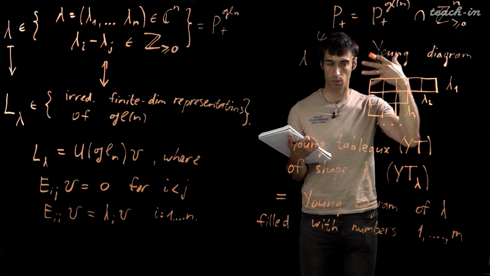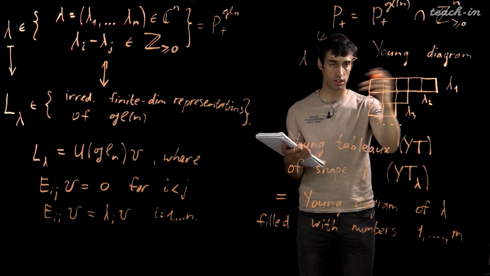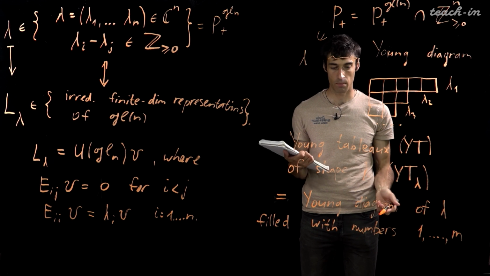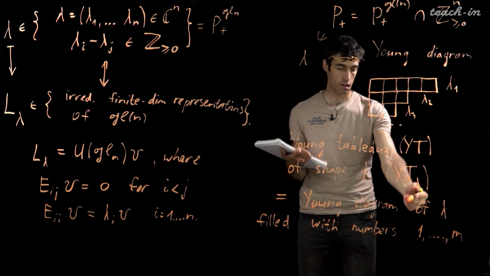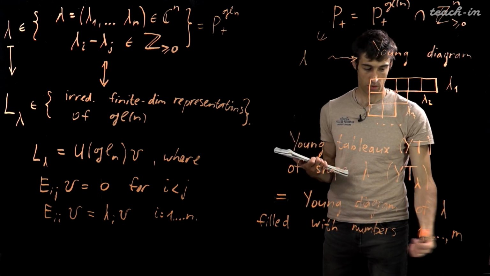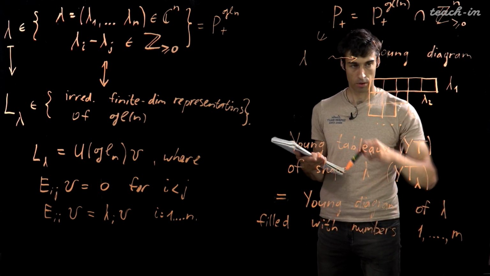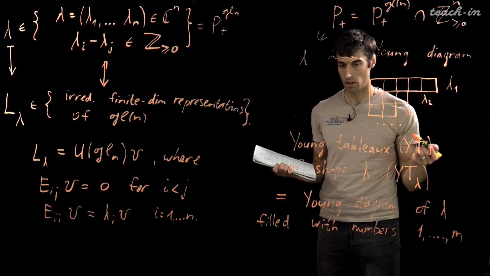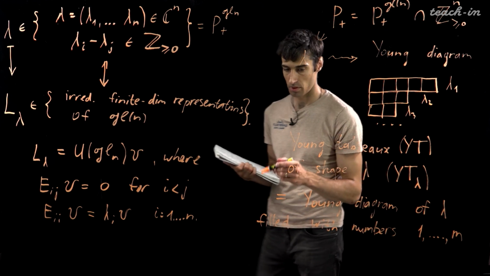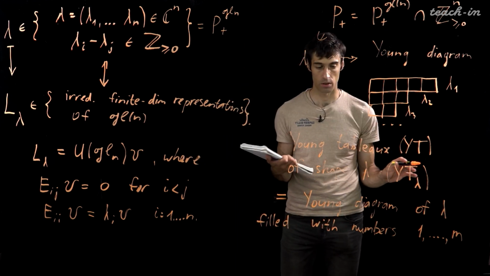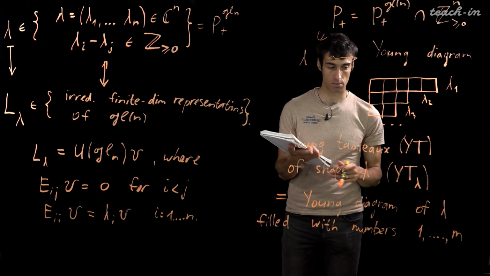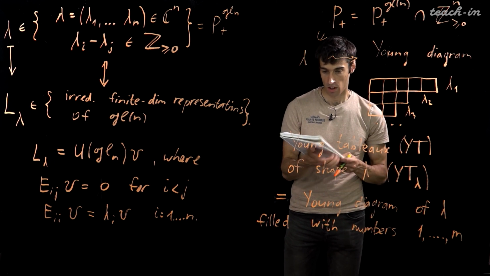So we take a Young diagram, fill it with letters of some alphabet. In our case, our alphabet is the numbers from 1 to m. And we fill it with whatever, no rules for now. And such a thing is called a Young tableau of shape lambda.